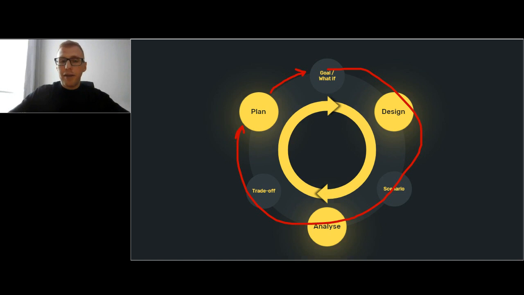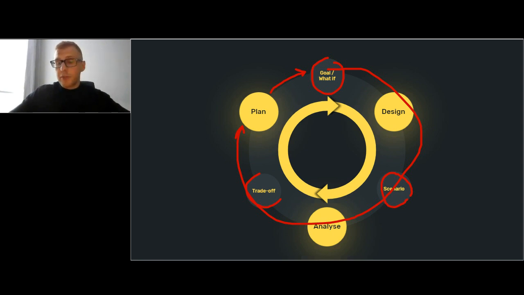And every new iteration readjusts the goals, readjusts what-if scenarios, and then it creates new options. Those options are being analyzed, and there are certain trade-offs which are being considered and pre-calculated, and that's how it works.